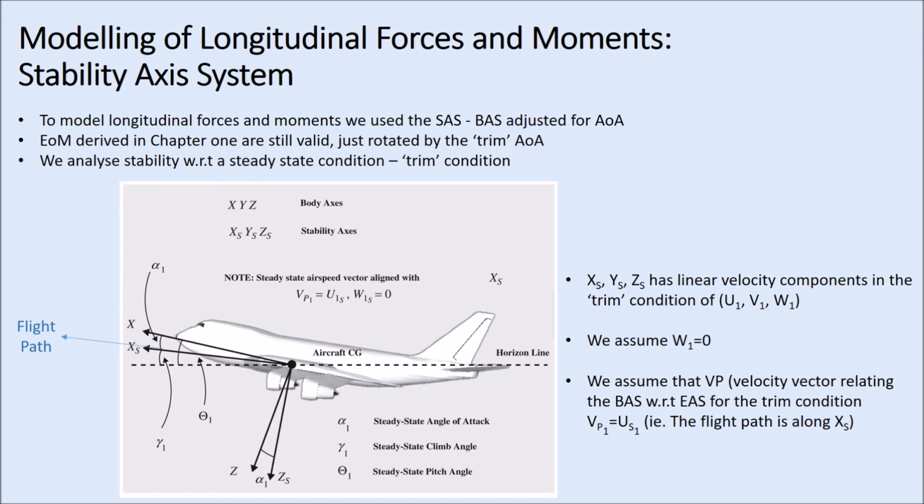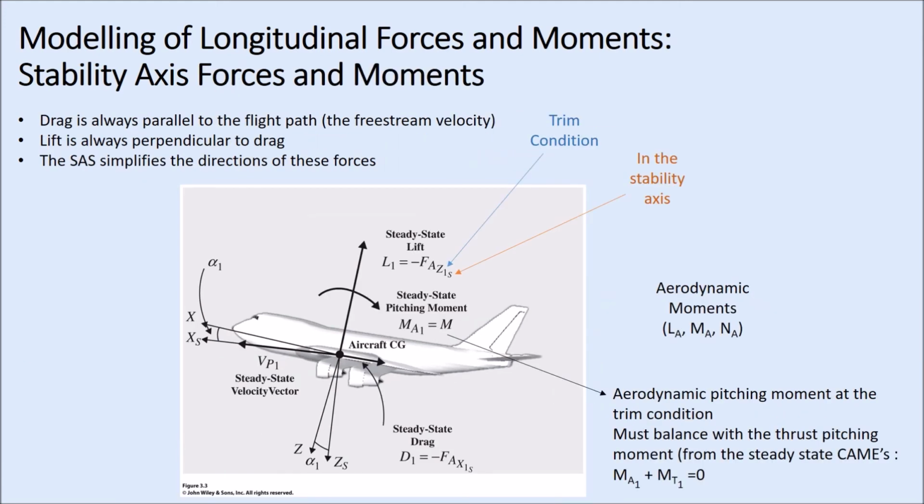So finally then, we just need to discuss what we're going to use as notation for our forces and moments. So as always, drag is parallel but opposite to the flight path direction or the free stream velocity, whichever you prefer, and we call the drag associated with the trim condition capital D subscript 1, as you can see at the bottom of the figure here.